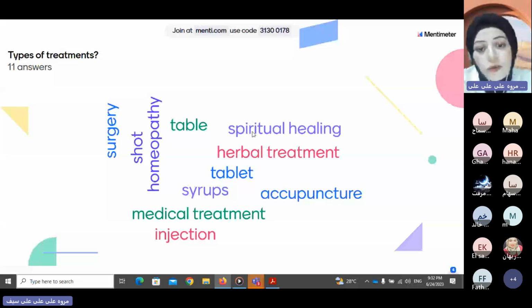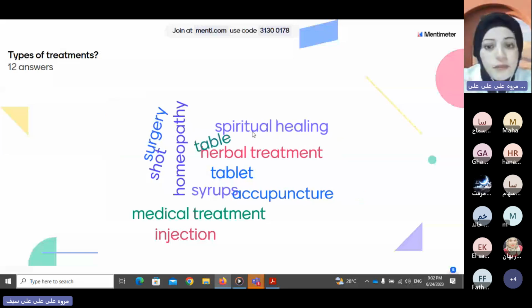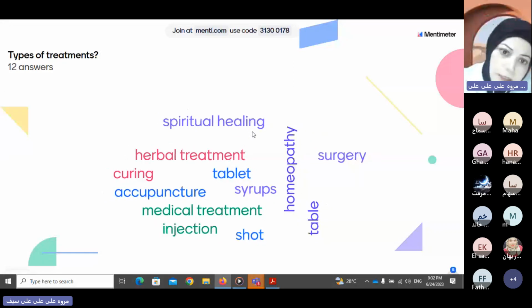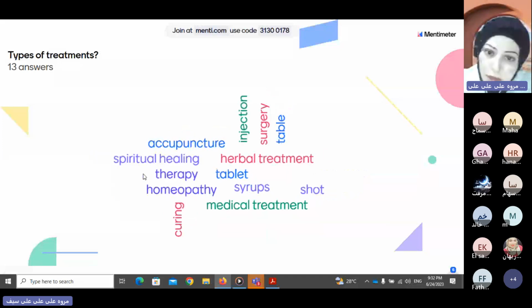Write whatever comes to your mind when you hear the words types of treatments. Herbal treatment, curing, okay. Curing is the same word as treatment. There are types. What's the new word? Shot, medical treatment, surgery, injection, tablets, acupuncture, therapy. Okay. All right. Here we go.